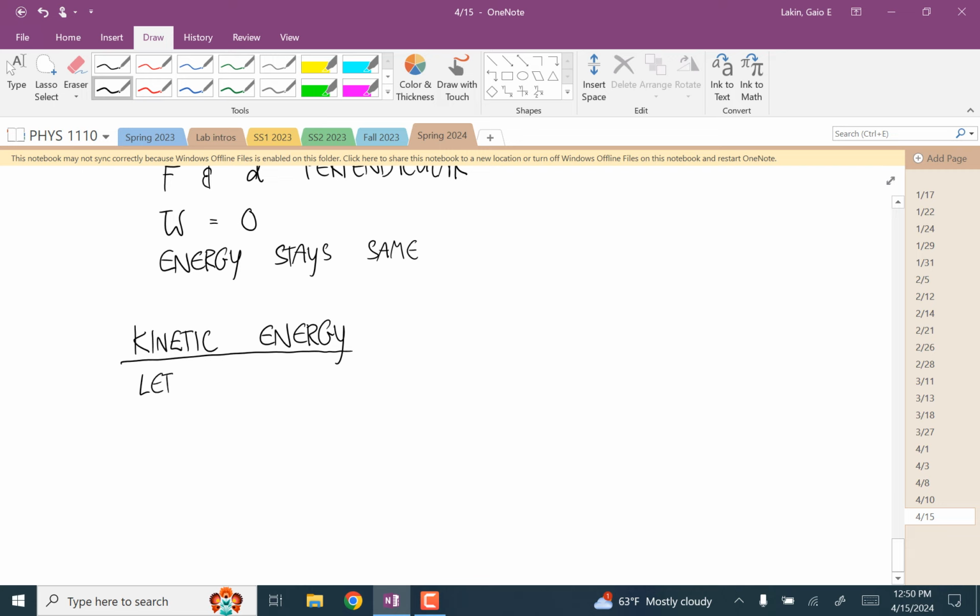So let M be an object's mass. And V be the object's speed.